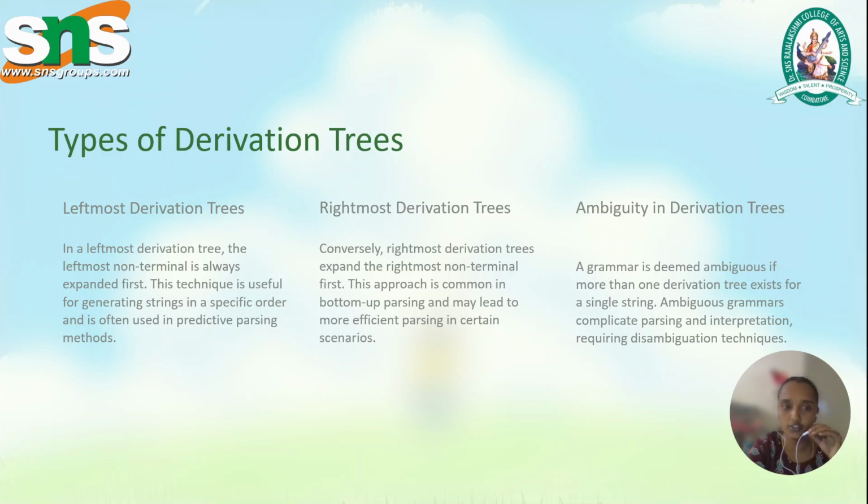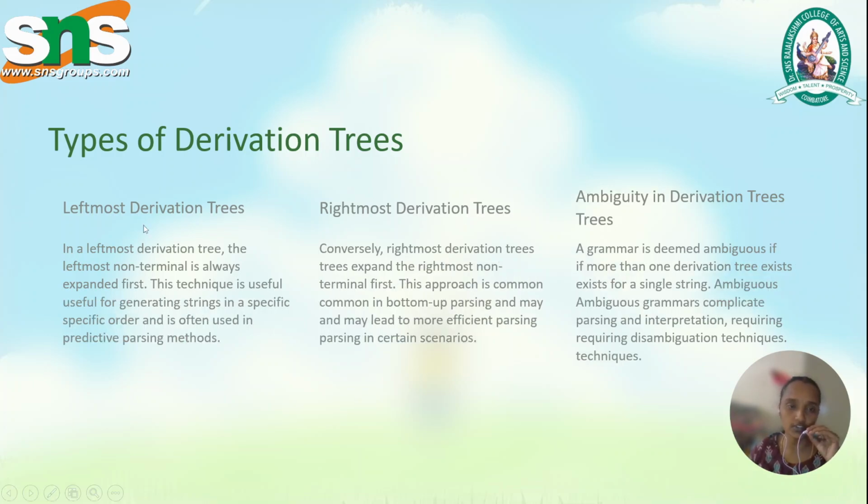When we derive the values from the right side, that is called a rightmost derivation tree. These are the two types of derivation trees.